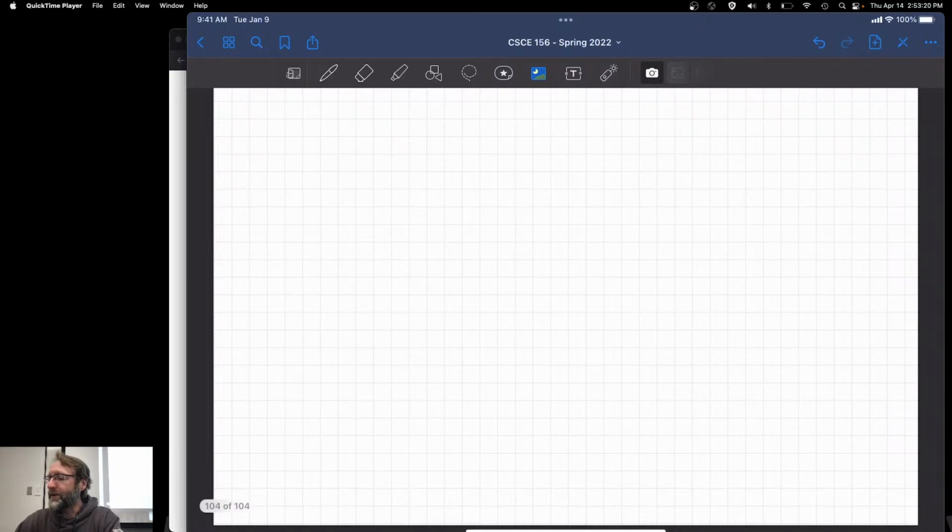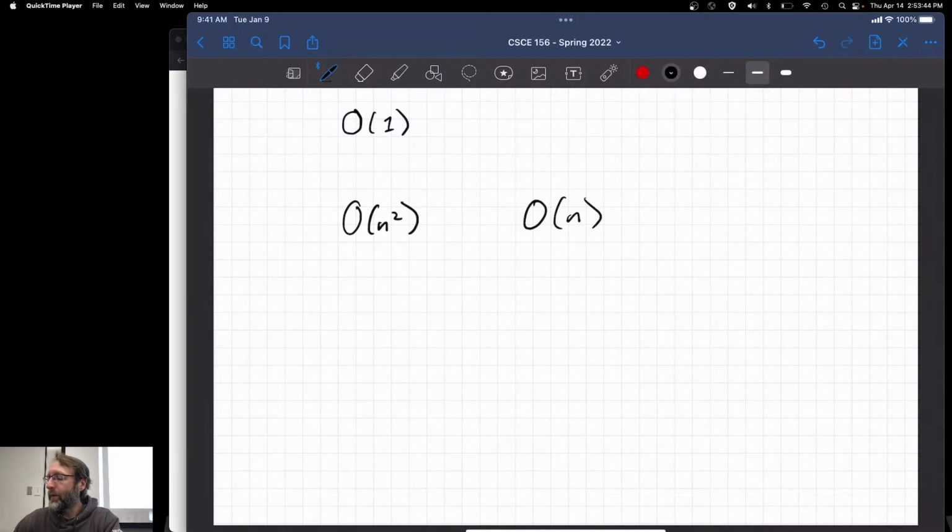What about, well, here, let's just set up a relative ordering of functions, right? The least complex ones are going to be constant time. What about order n squared versus order n?